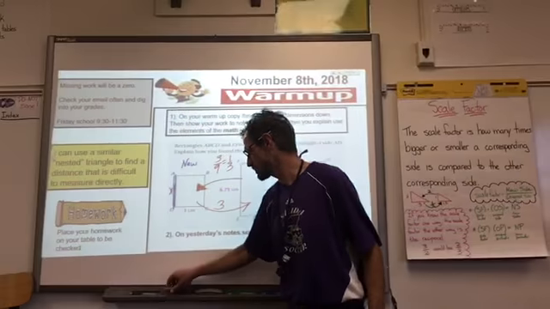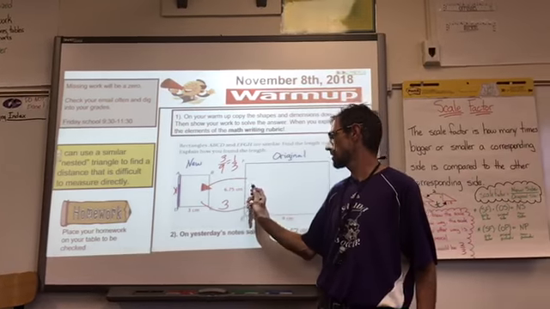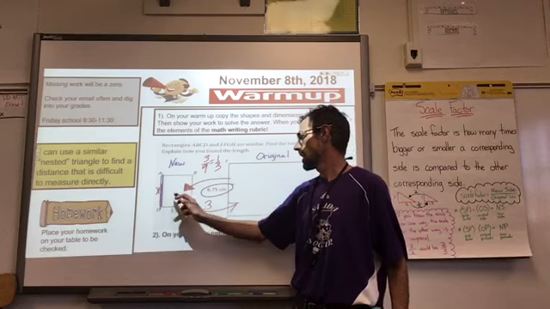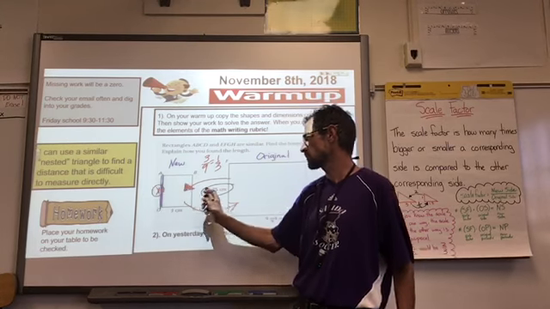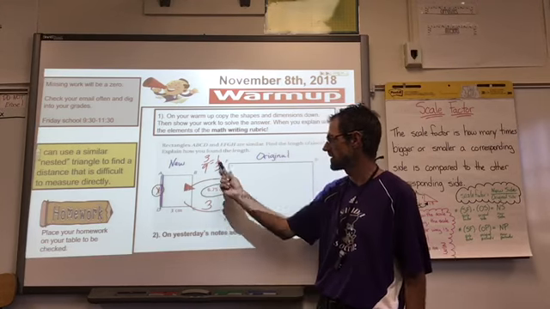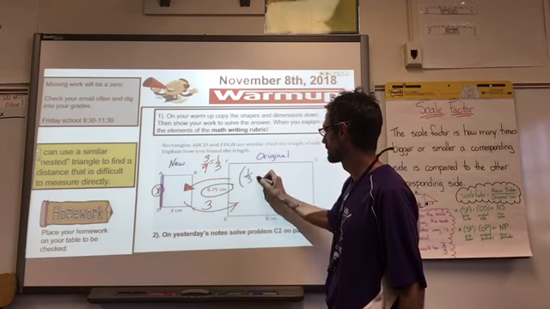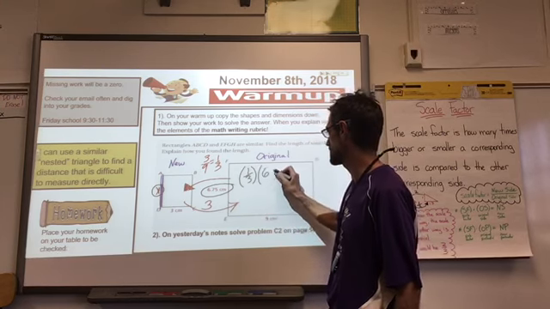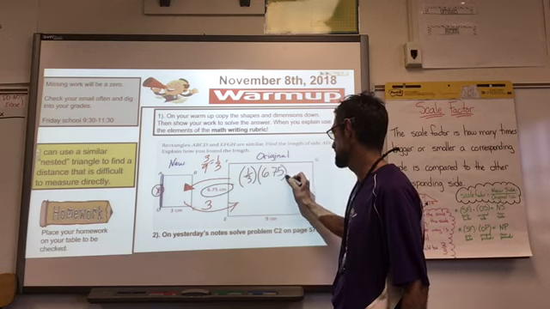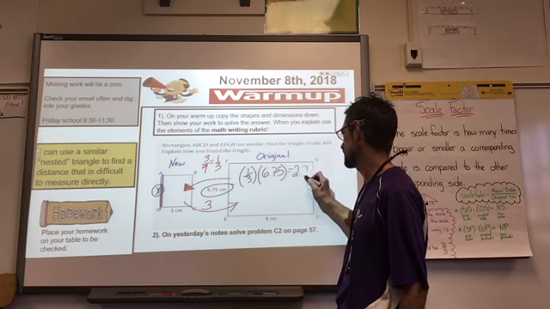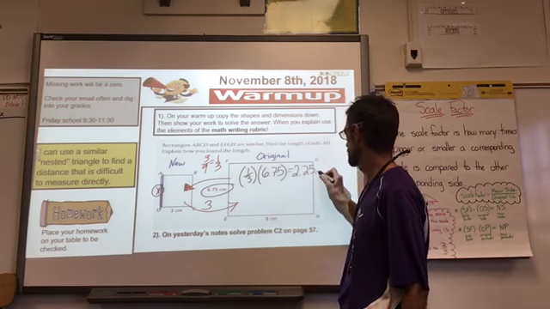So I have to find corresponding sides. I'm trying to find X. So what corresponds with X is 6.75. Take my scale factor of 1/3 and multiply it by 6.75, and you should have gotten an answer of 2.25 centimeters.